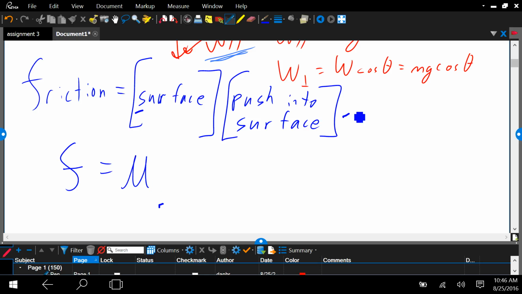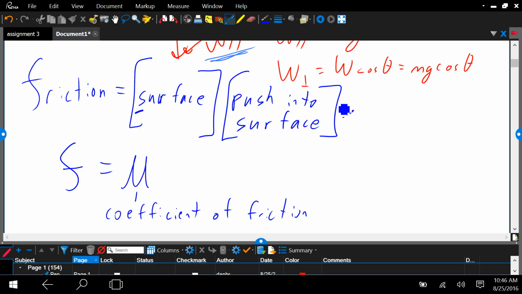It's like a U with tails on it. So it's a Greek letter mu, and it's called the coefficient of friction. Coefficient just means number. If you remember that from chemistry, you put coefficients in front of molecules when balancing chemical equations. So the word coefficient just means number.